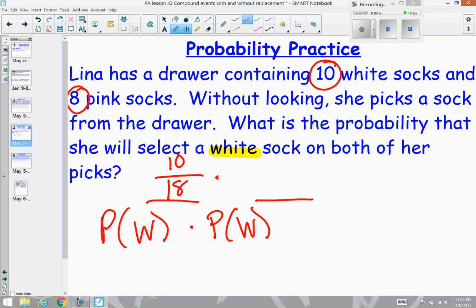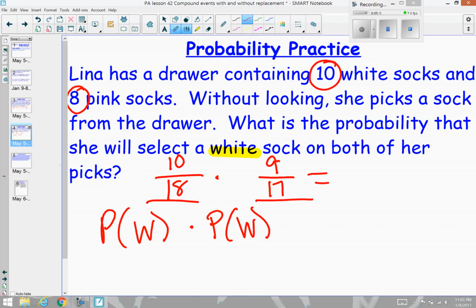So therefore, she no longer has 10 white socks left over. She now has only 9 white socks left over. And if she kept out the first one because she wanted to make a pair, she no longer has 18 total outcomes. She now has 17 outcomes to choose from.